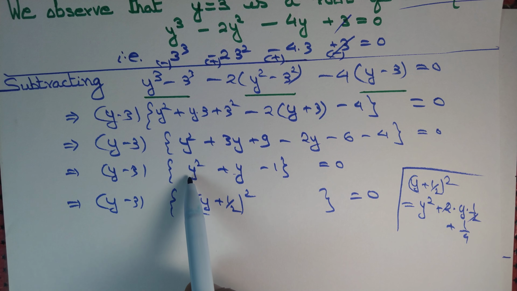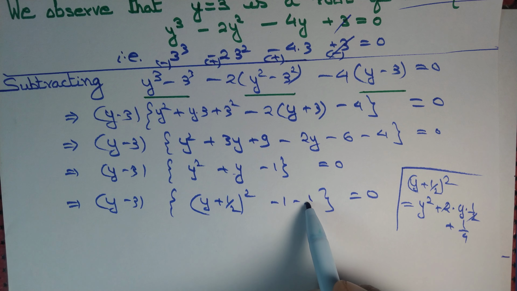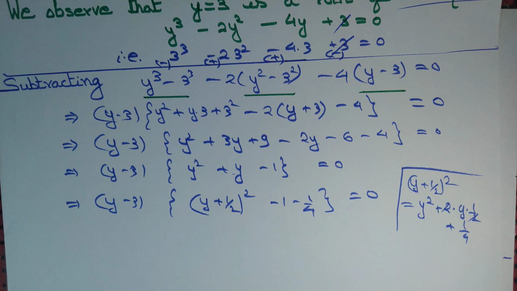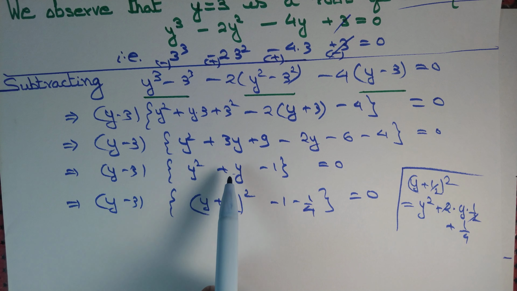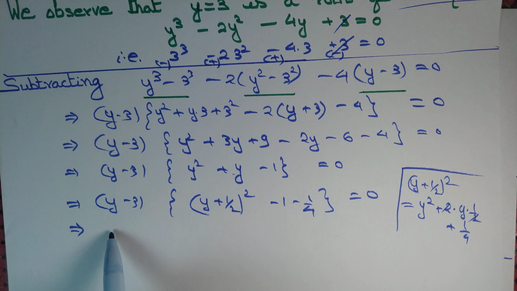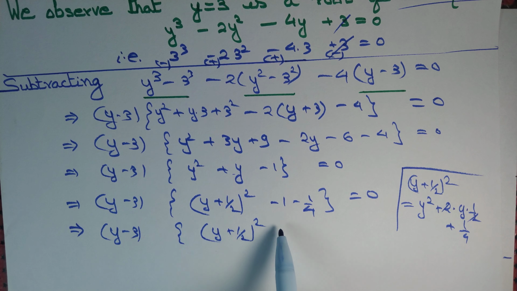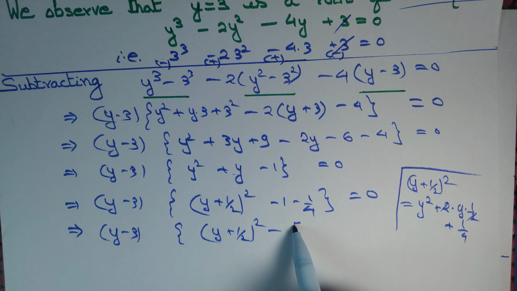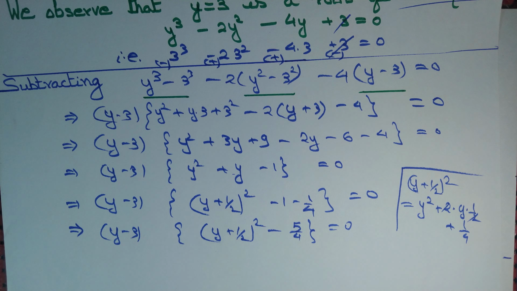Alright, y square plus y, it agrees, but 1 by 4 it doesn't, so I have to subtract 1 by 4. Now it agrees. This expression inside the curly bracket is the same as this. Next, again y minus 3 copy as it is, y plus half whole thing square, and this one can be written as minus of 5 by 4 equal to 0 as it is.